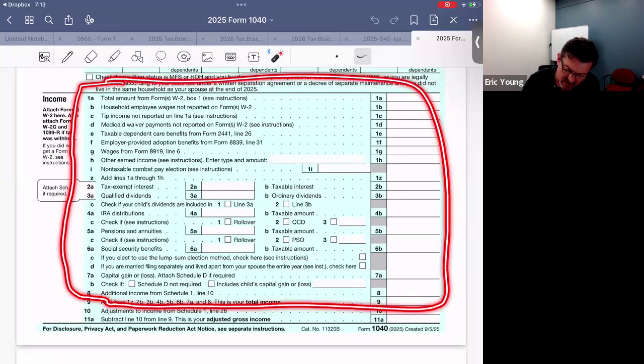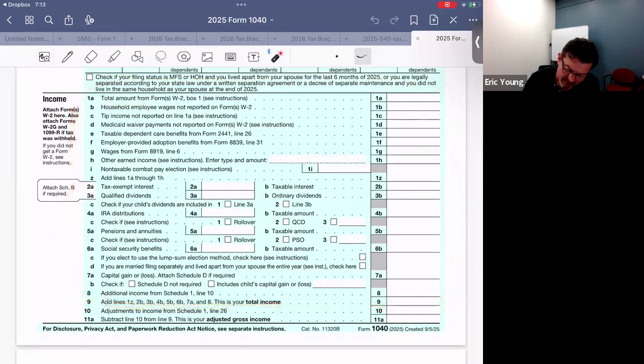So you can see that you're paying income taxes on your wages, on any interest. We learned about dividends. When you're old and get your IRA distributions, any pensions, any Social Security, any capital gains from selling securities, all of those things become your total income, which is reported on line 9.